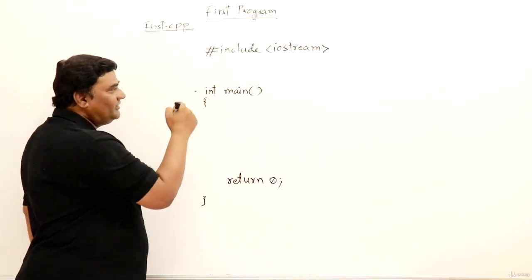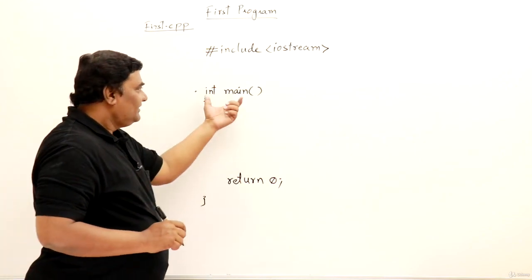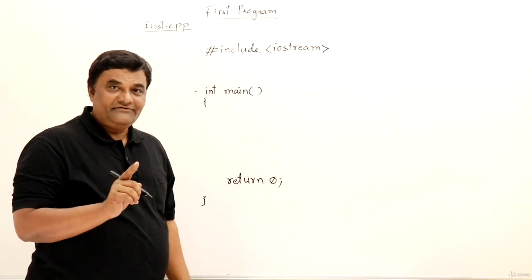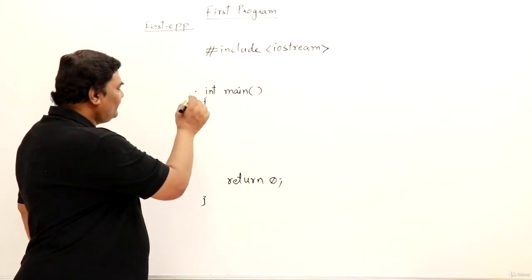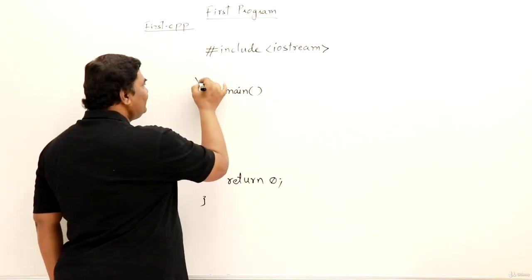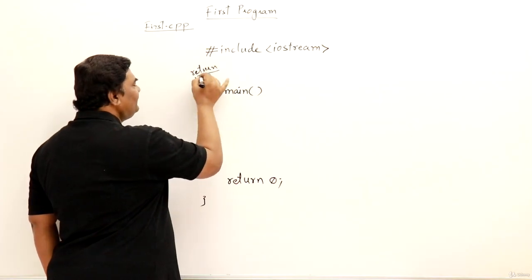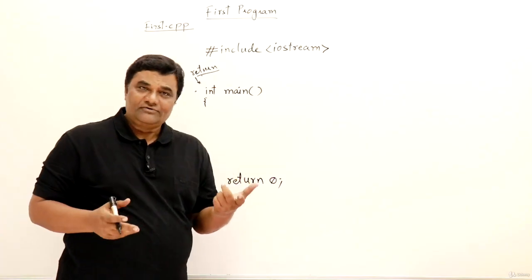See, this is the starting point of a C++ program: the main function. This is main, and the round brackets are there, so this is a function. This main function is the starting point of a C++ program. Then what is this int? This is called the return type of a function. We will be learning about return types afterwards, but right now, as a formality, you have to always write it.